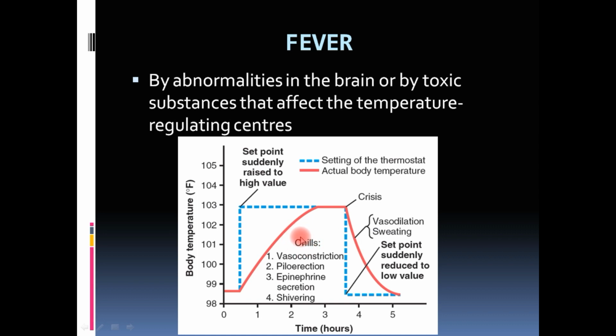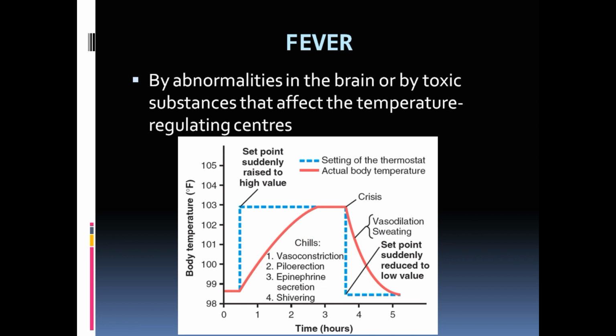These are the mechanisms of increasing the body temperature: vasoconstriction, which prevents heat loss and does not allow blood flow to the skin, piloerection, epinephrine secretion, and shivering. All these mechanisms give rise to a sensation that is called chills. Chills also means that the patient will feel cool at that time.